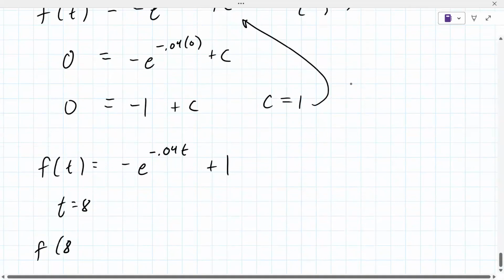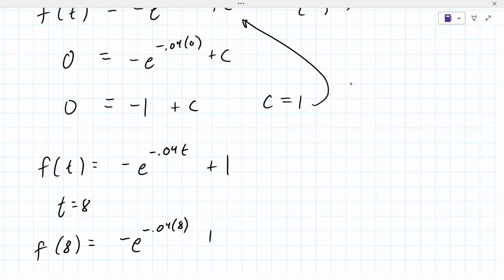So you're finding f of 8, minus e to the minus 0.04 times 8 plus 1, and you're rounding to 3 decimal places as needed. And 0.274. That would be part B.